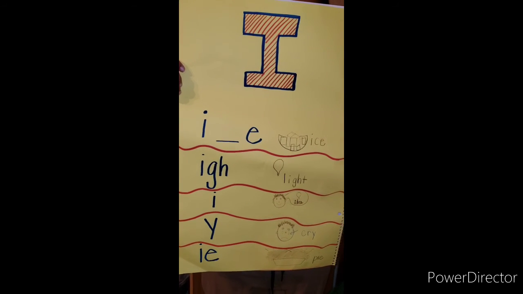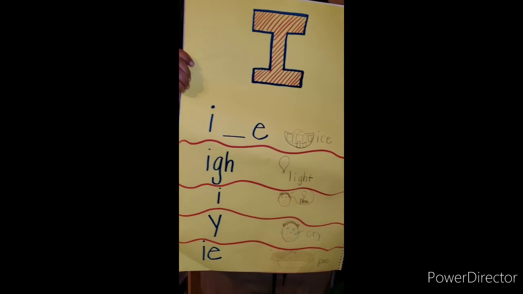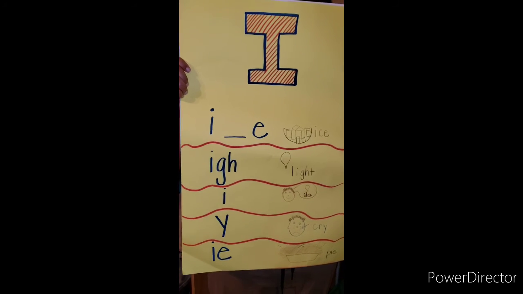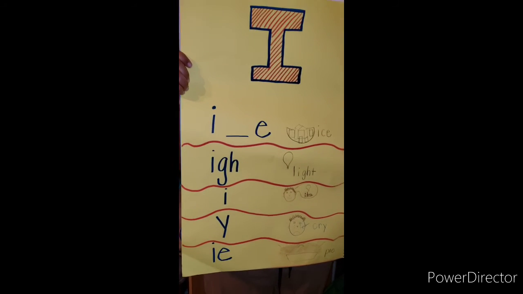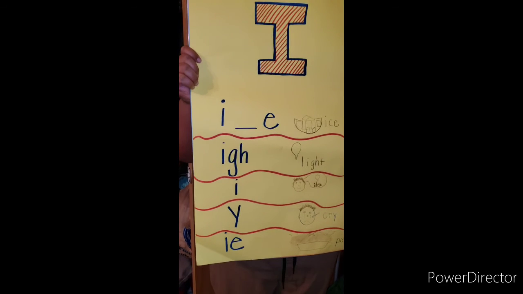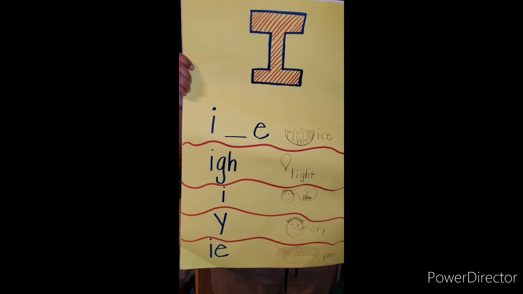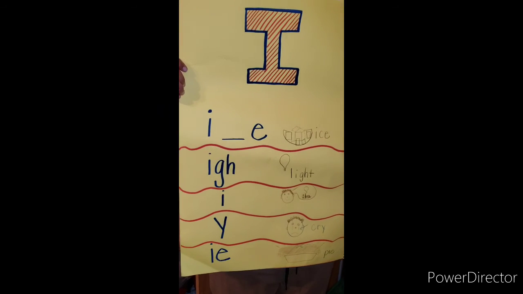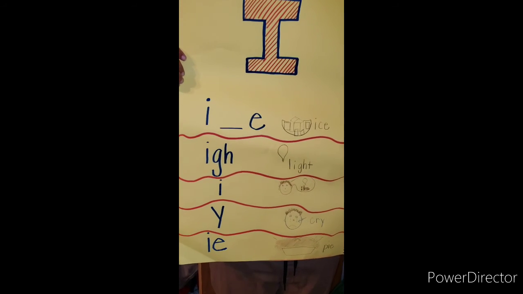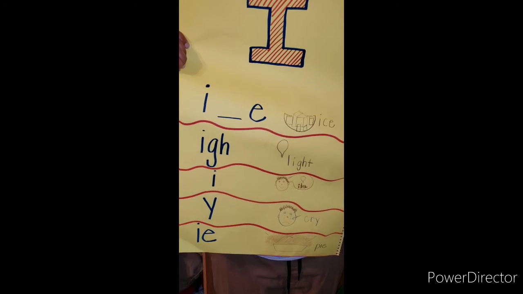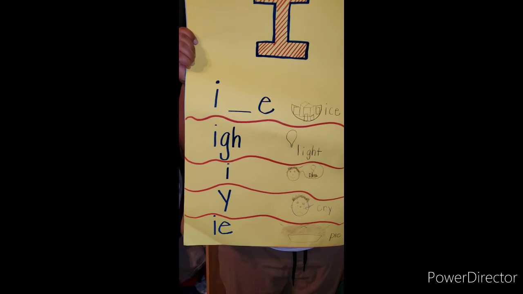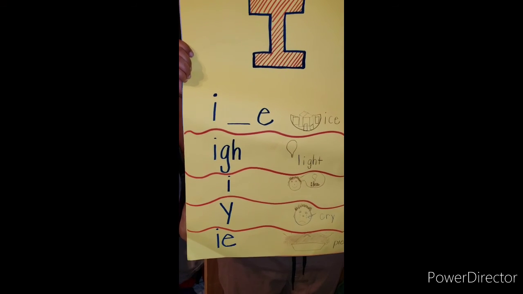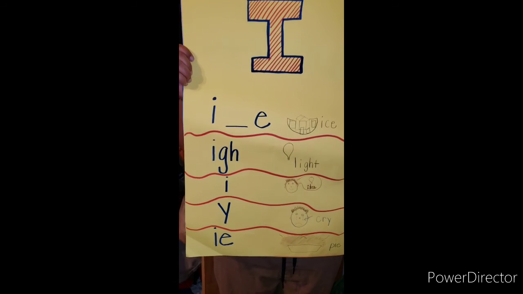So for I, another letter, E, you might write mice. For I-G-H, you could write site. For the letter I, you could do iron. For the letter Y, you might put my. And for the letters I and E, you could put tie. So those are just some examples.